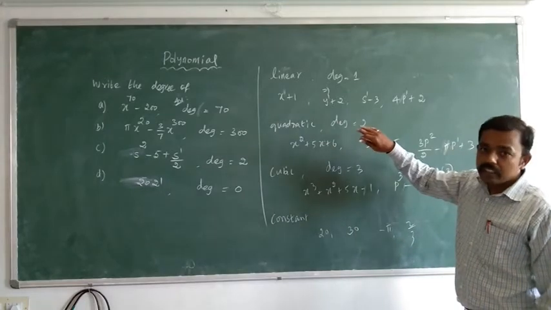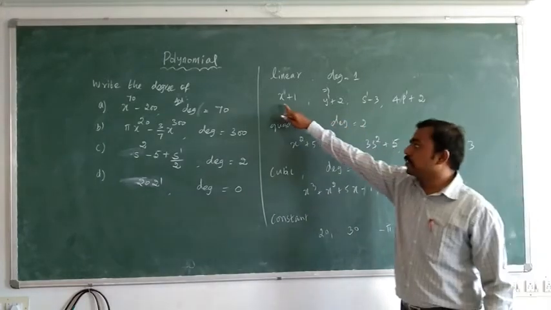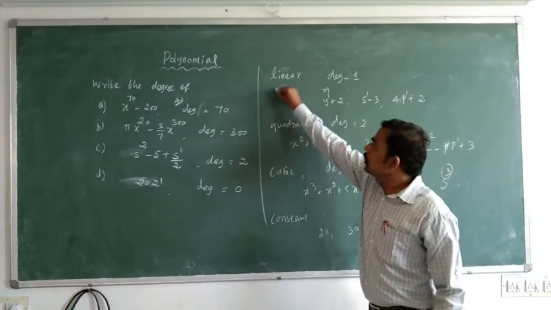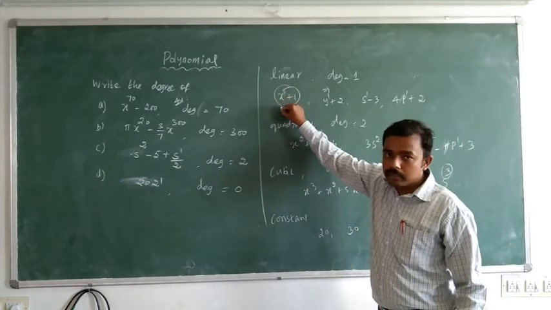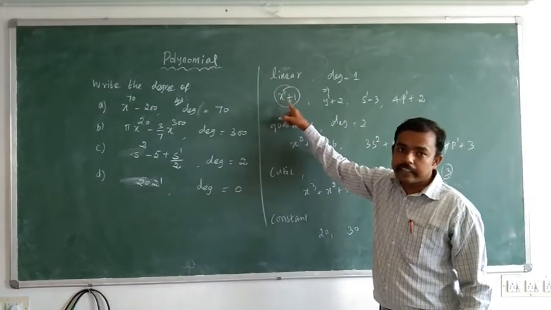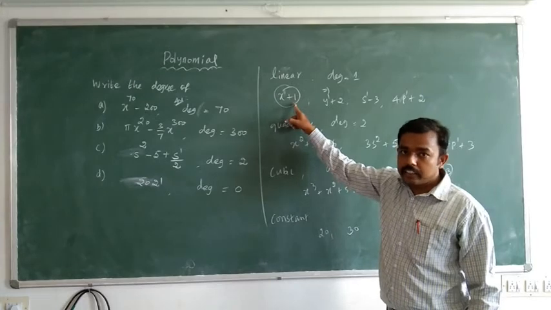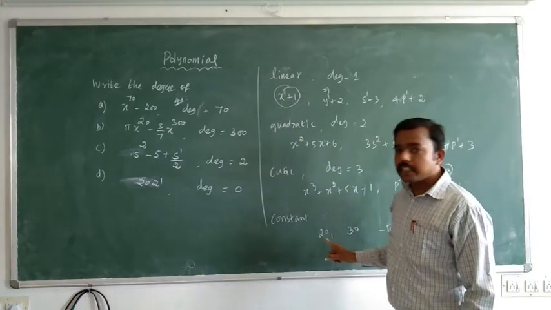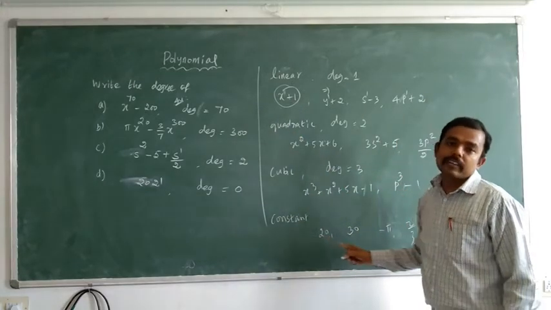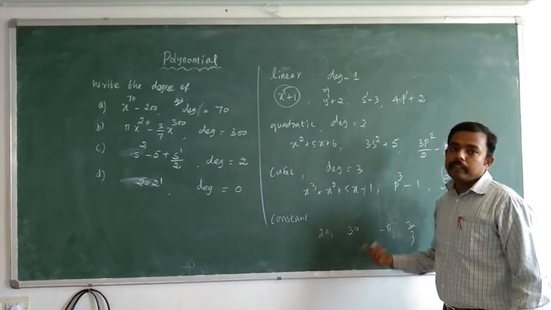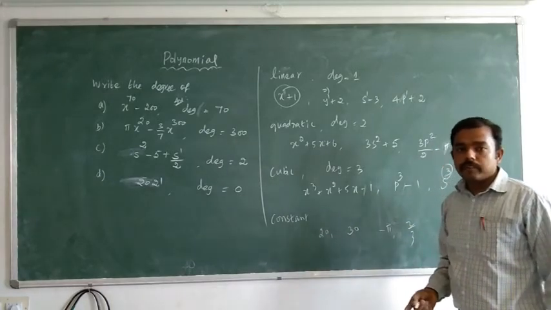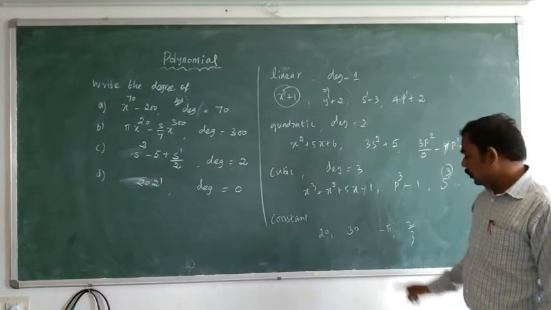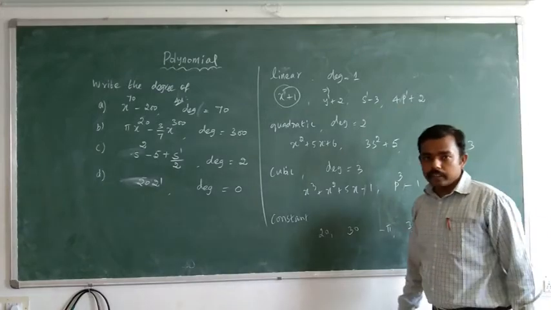This is a constant term in this expression. So the expression has 2 terms, the first one is x, the second one is 1. Here this one is a constant, but a constant polynomial is only the number. It may be a rational number or irrational number, whatever it may be. So this thing is called a constant polynomial.